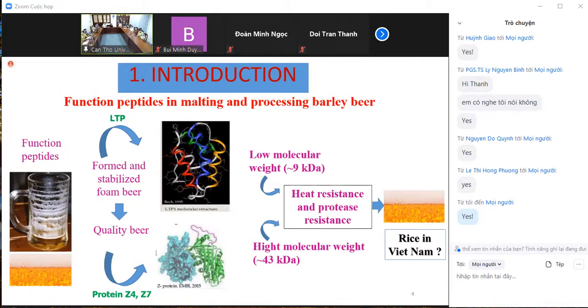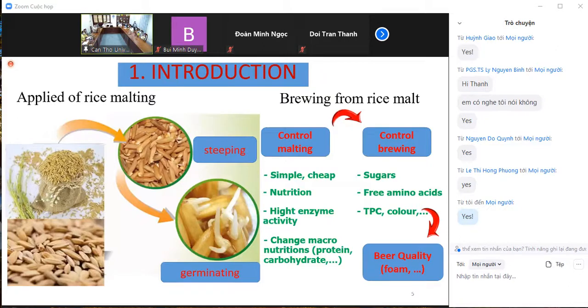And we have a big question. In Vietnam, can we make beer? Can we make beer from rice in Vietnam, like other cereals, to make malt and beer from rice in the Mekong Delta?